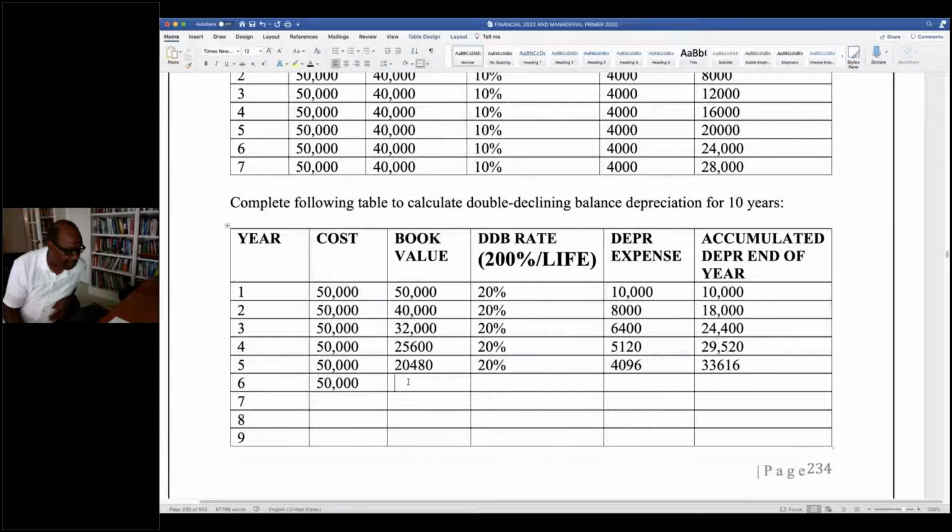I said 16,384. That's correct. So what's this number going to be? 20%? Well, yeah, 20%, sorry. So what's this number going to be? I put 32,768. 32 what? 32,768. Not 32,000.